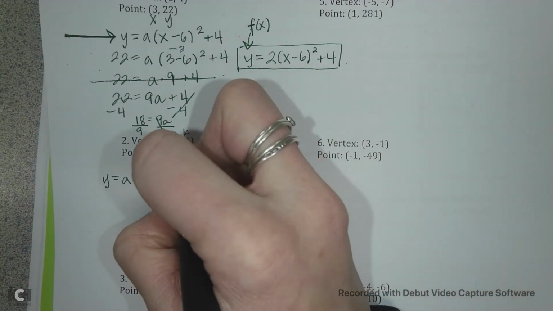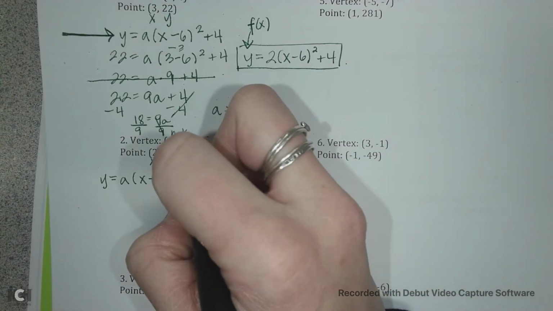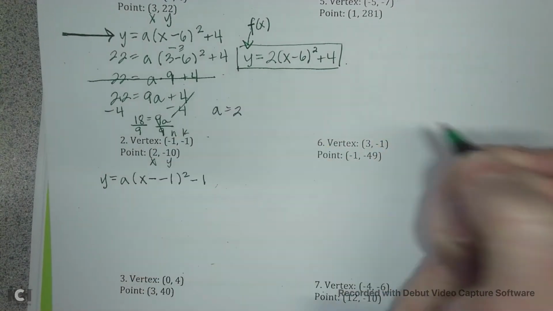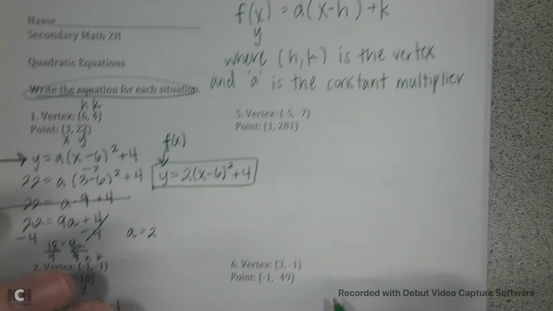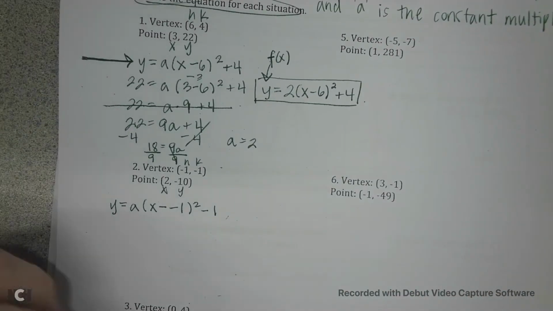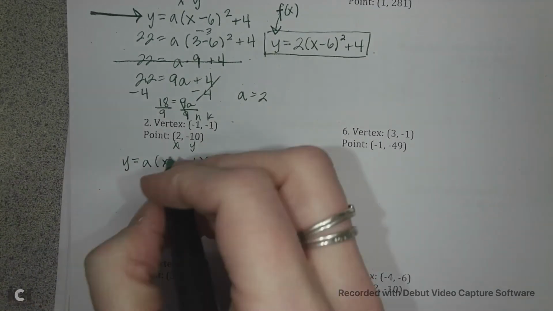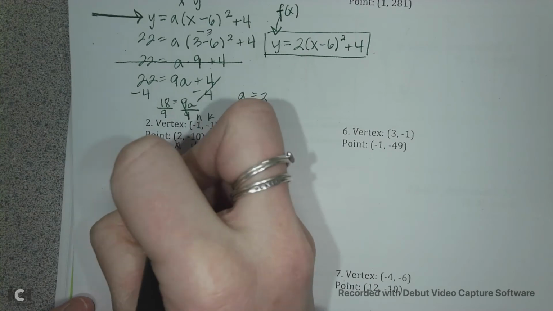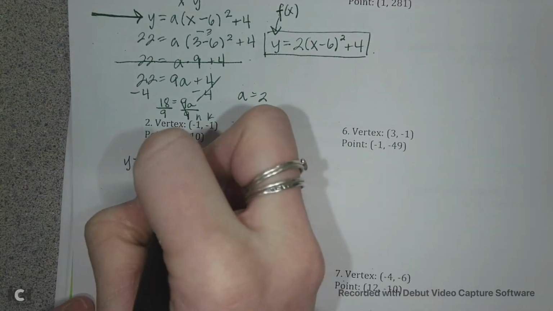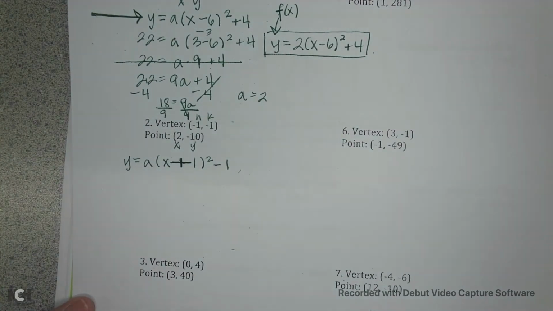Don't get rid of that extra minus sign yet. That's squared, and then my k value goes on at the end. It stays as it is, so minus 1, because the formula is plus k, so we're not going to change that. Okay, so now we can simplify. These two negatives in the middle actually make a positive.